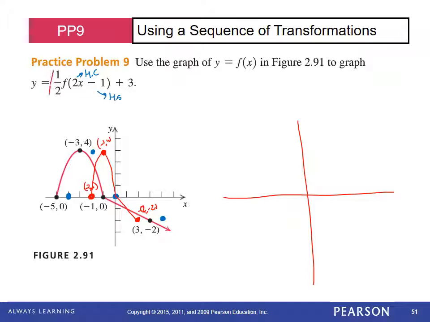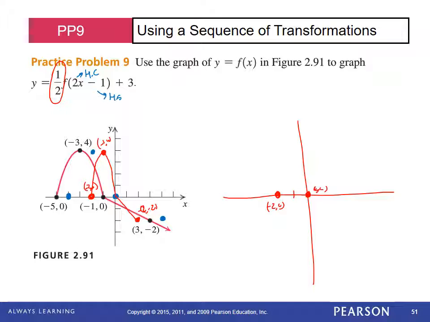All right, 1/2 here. I've got to do that one still. That means everything is going to be compressed by 2, right? Okay, cool. So all the stuff that is on the x-axis, that stays. There's no change here. So this guy here, negative 2, 0 still stays, no change. 0, 0 still stays, no change.